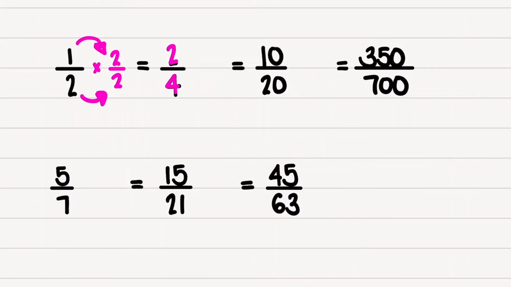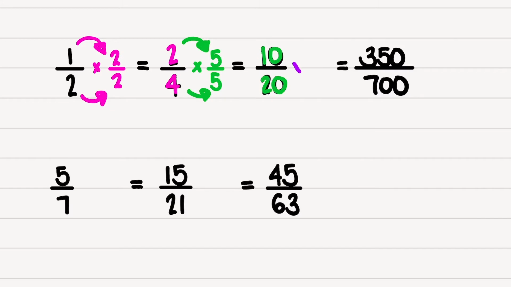If I look at 2 over 4, I could multiply 2 over 4 by 5 over 5, which would give me 10 over 20, because this 2 times this 5 gives me this 10, and this 4 times the 5 gives me the 20. What about 10 over 20 to 350 over 700?